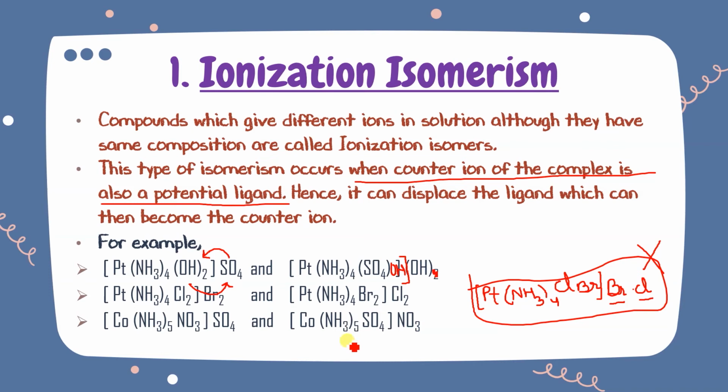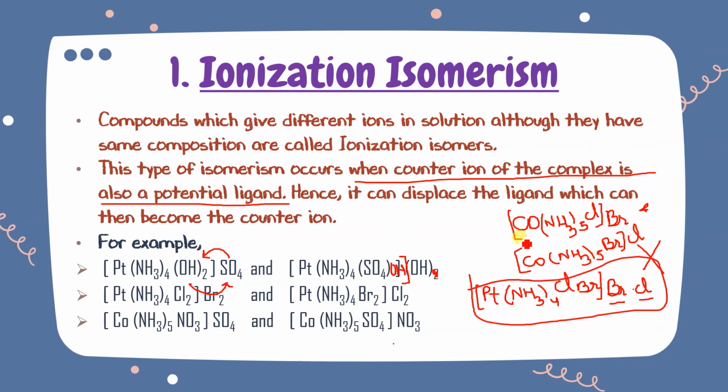Yes. Now, sometimes a question will be asked: what is the way by which you can prove that they are ionization isomers? How can you prove that they are the ionization isomers?